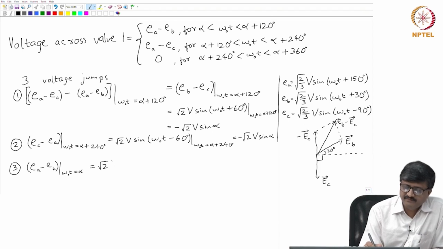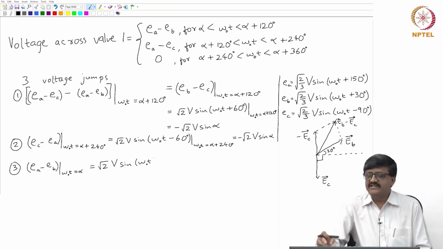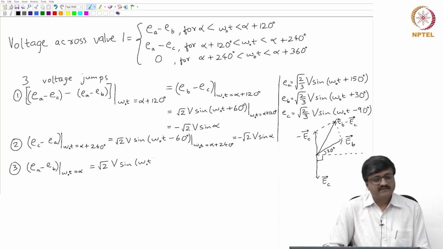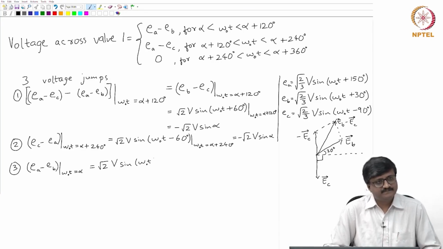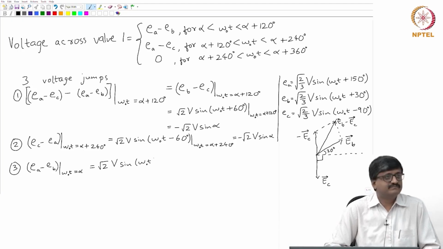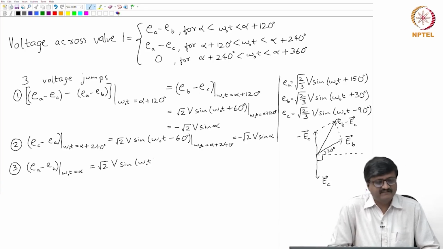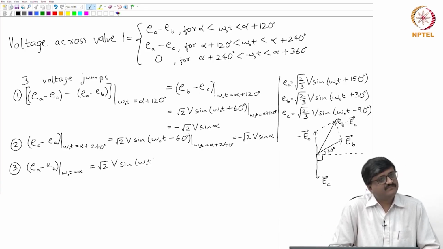Root 2 V sin omega OT plus a phase angle I have to add. EA has a phase angle of 150, EB has a phase angle of 30, so minus EB has a phase angle of 210.